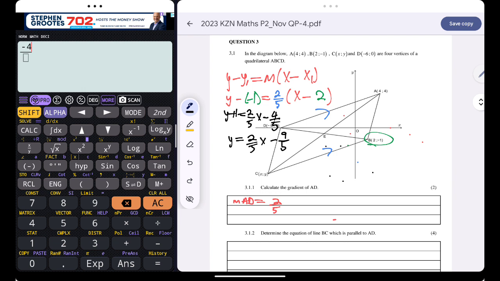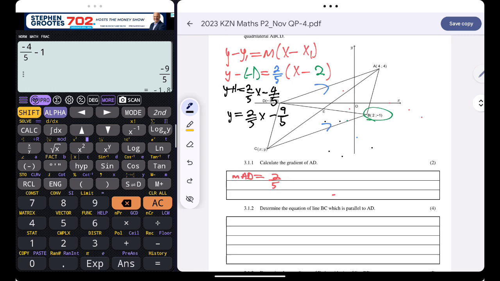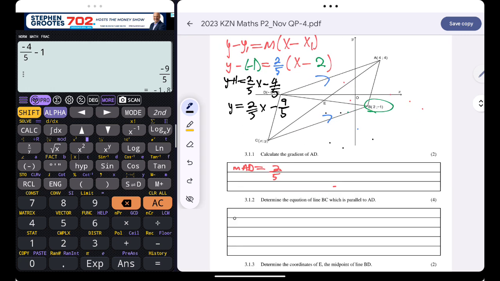Negative 4 over 5 minus 1, it's negative 9 over 5. Okay, so my equation will be just y is equal to 2 over 5x minus 9 over 5.